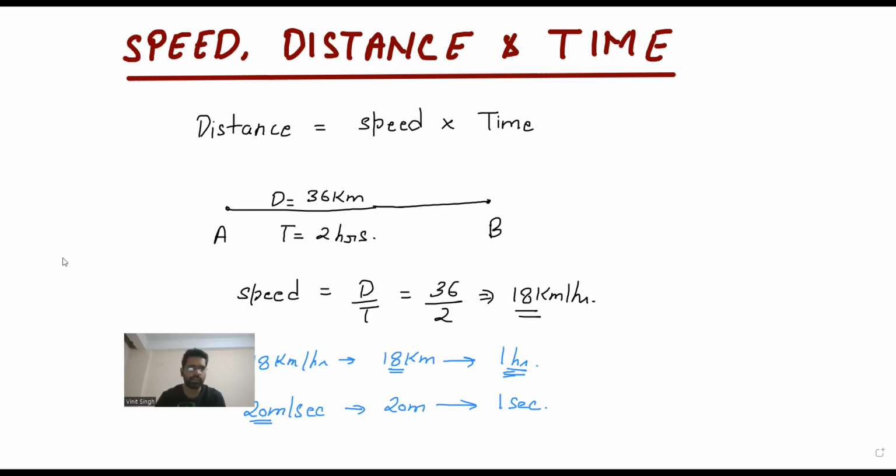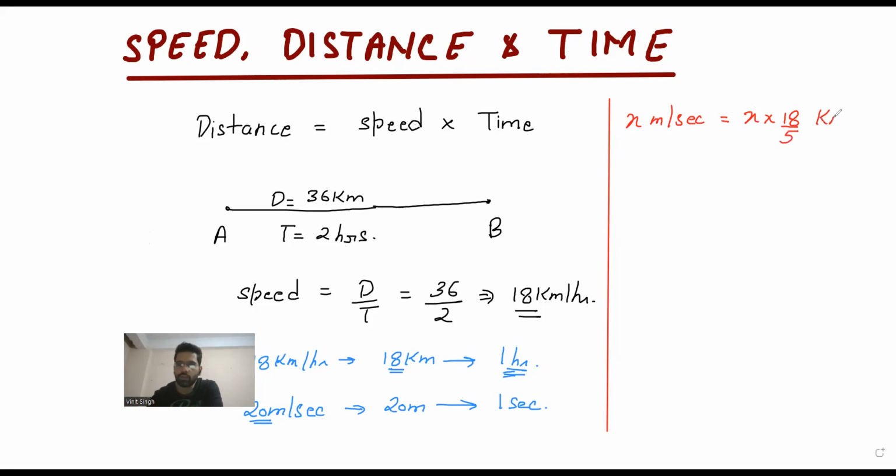Now we will change the speed from kilometer per hour to meter per second and meter per second to kilometer per hour. So we will see how we will change. If the speed is given in meter per second, x meter per second, and you have to change it into kilometer per hour, simply we will multiply by 18 by 5.